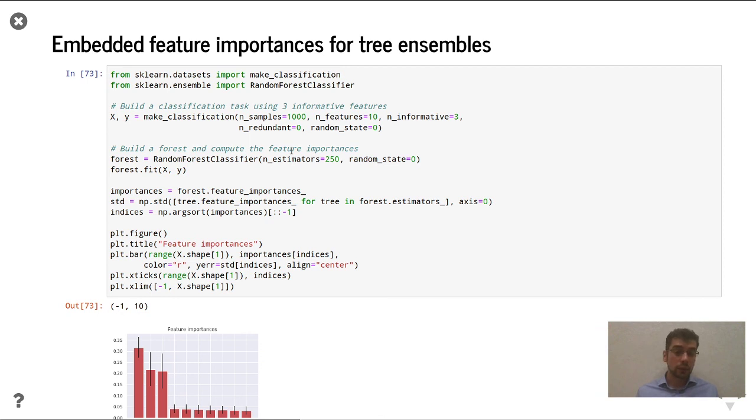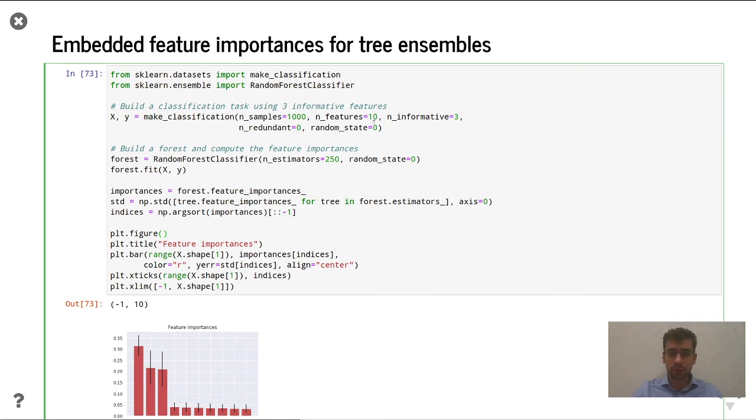Here we have a simple example with a random artificial data set with 10 features and only 3 informative features. We built a random forest classifier with some estimators and then extracted feature importances from this fitted classifier. And as we can expect, we have 3 important features and 7 unimportant ones.